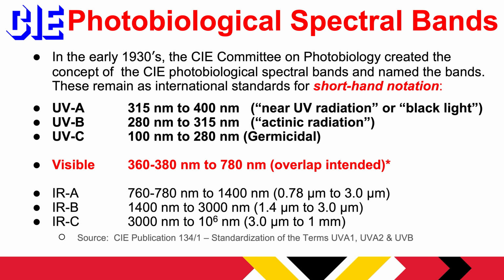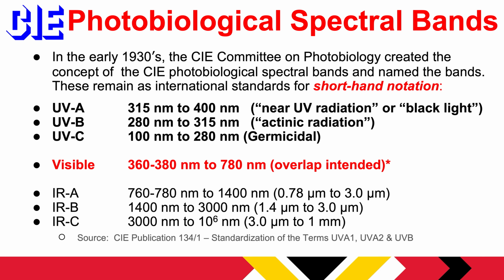I think I want to first emphasize, though, that these are shorthand notations. Because if you really want to know about the hazard of any part of the ultraviolet spectrum, you want to know what we call the action spectrum to see what is the actual effect at different wavelengths. But in any case, the near ultraviolet, or UVA, extends from 315 to 400 nanometers, and this is often referred to colloquially as near ultraviolet radiation or as black light.